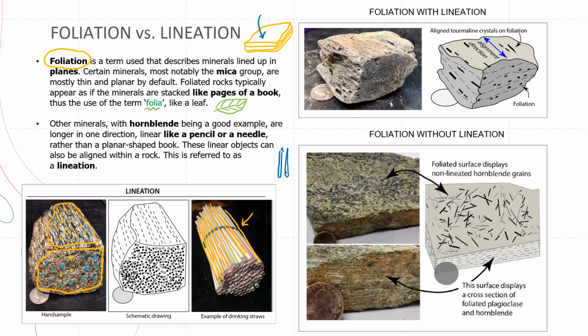And rocks can have both foliation and lineation, or just one or the other. So this top example here is a rock that has foliation and lineation.